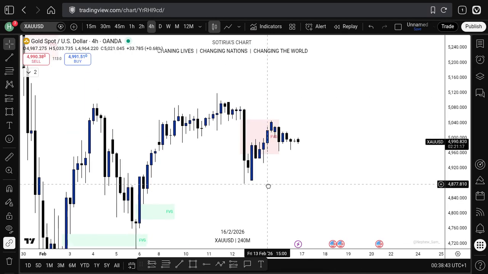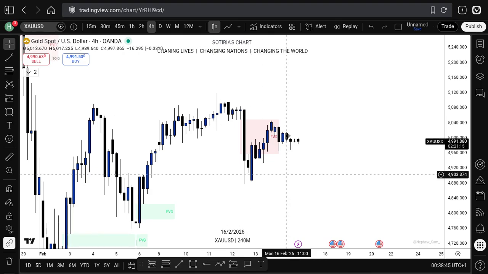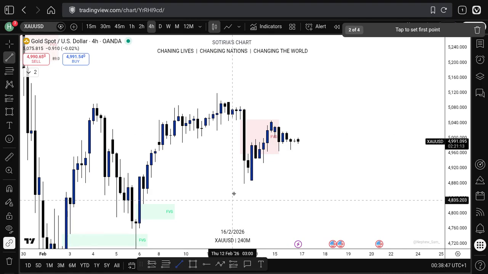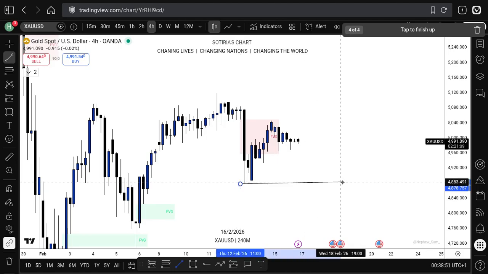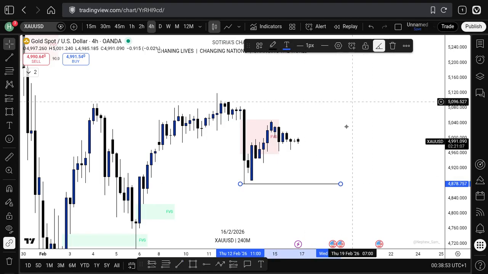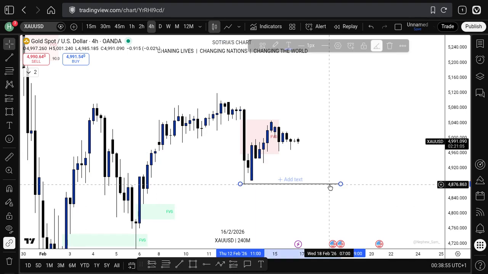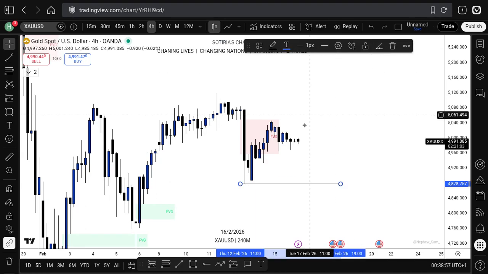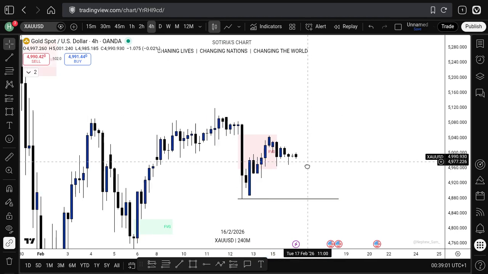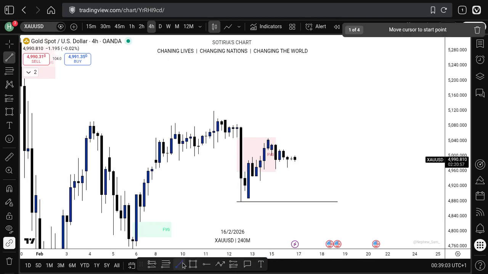Over to gold. From our previous video, I talked about how I want price to take out this level before I see any bullish move. So this week, price started selling a little bit, but our sell has not been very strong, and the level which I'm waiting for price to tap into, price doesn't want to tap into it.